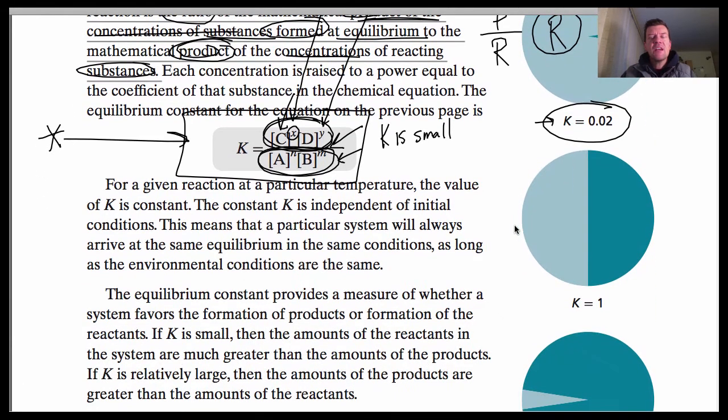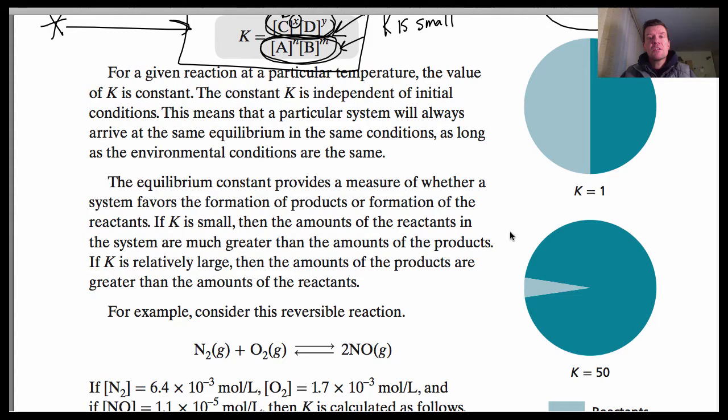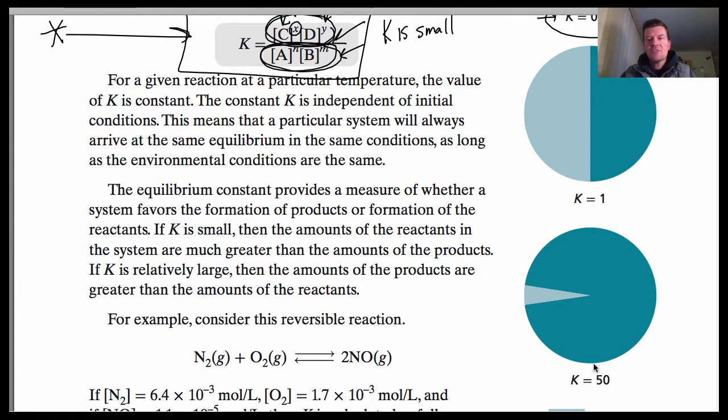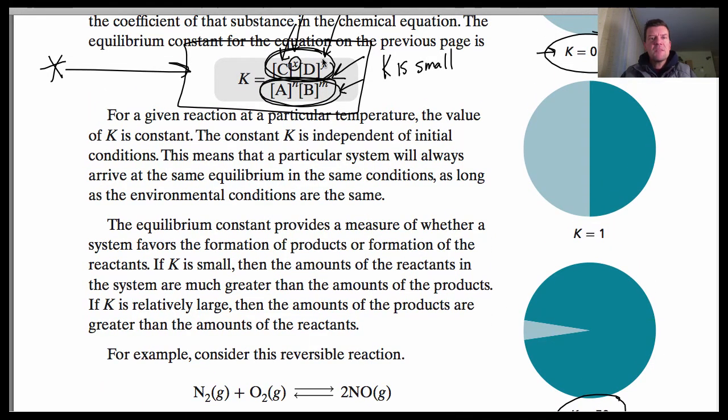What if this K value is very large? If this K value is very large, like 50, then that means this top numerator here is large, very large compared to the bottom number. Products is very large compared to reactants. Okay? And if this K value is close to 1, it means you have about the same amount on either side, in and out of the room.